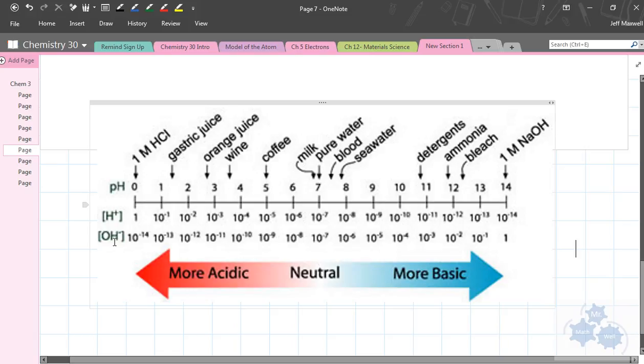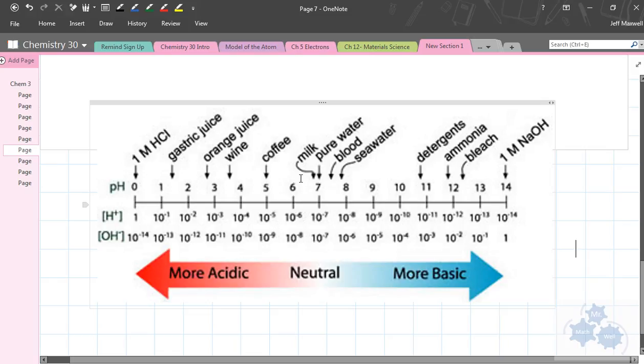Another thing I want you to notice is that if it's 11 for hydrogen ion, the hydroxide ion will be whatever number adds up to 14. So 11 and 3, 10 and 4, 9 and 5, 8 and 6, 7 and 7. The corresponding numbers for concentrations will add up to 14. Questions?